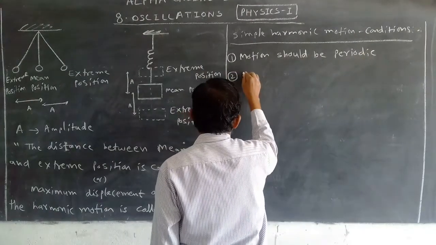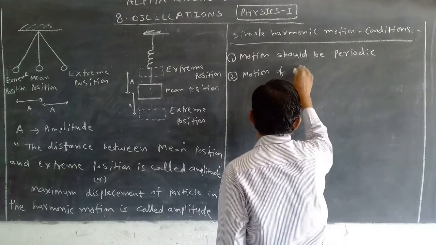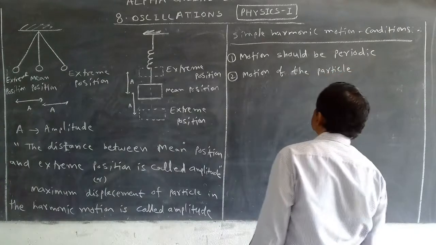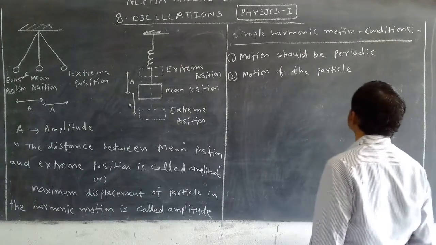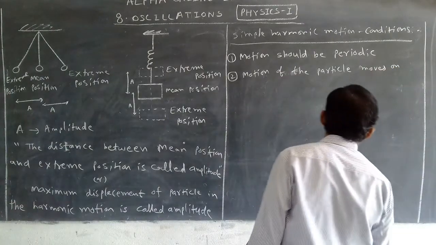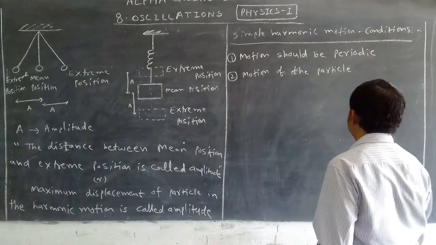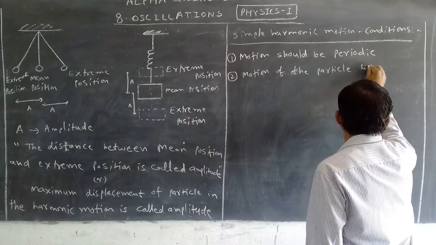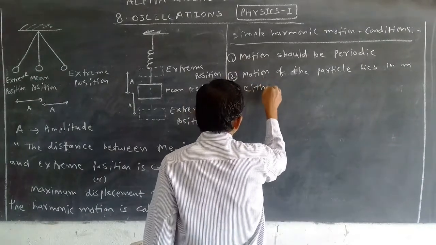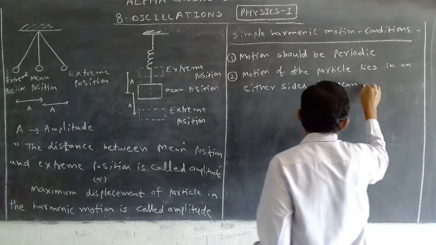Number 2, motion of the particle lies on either side of the mean position.